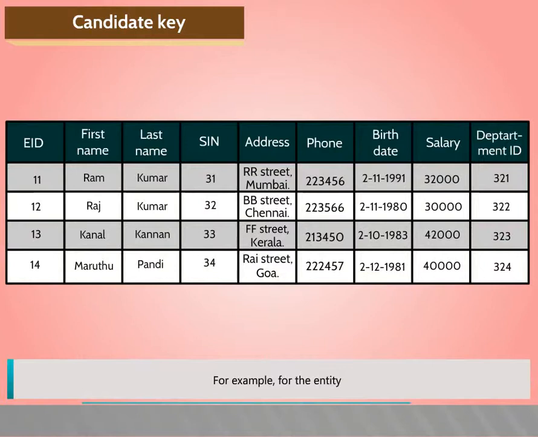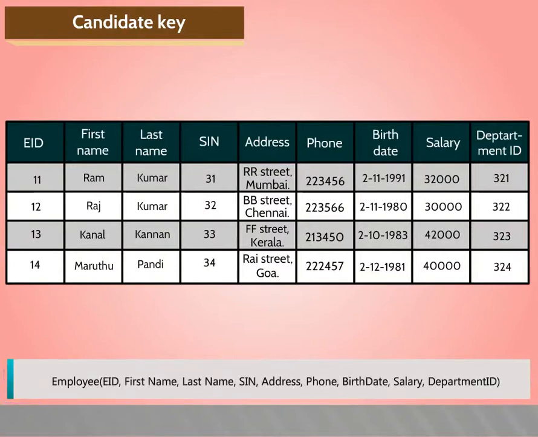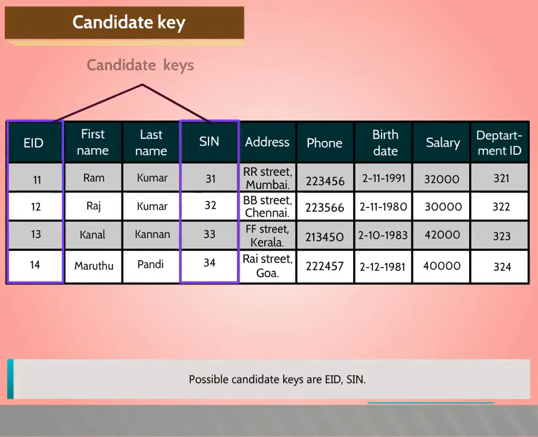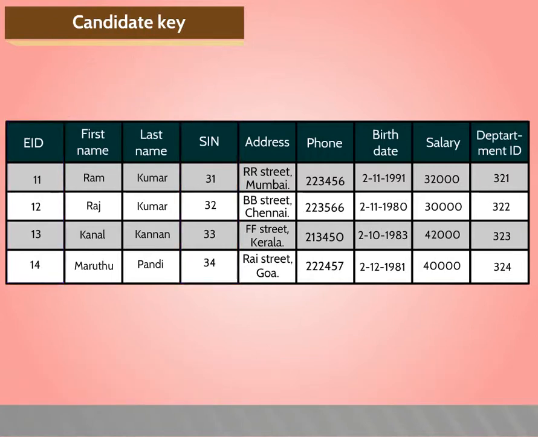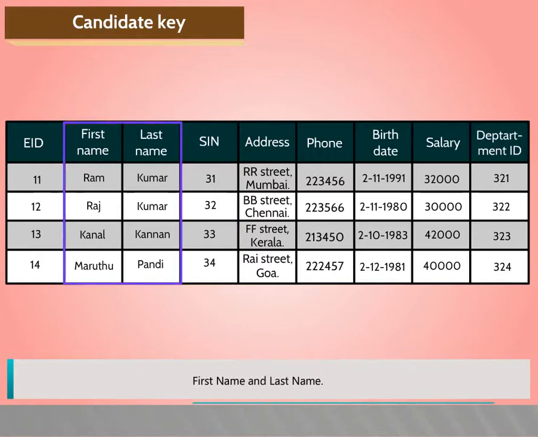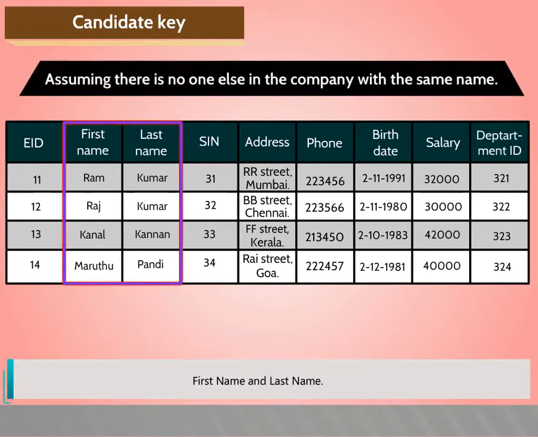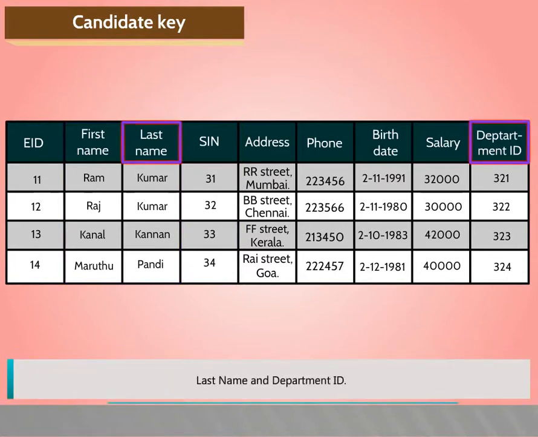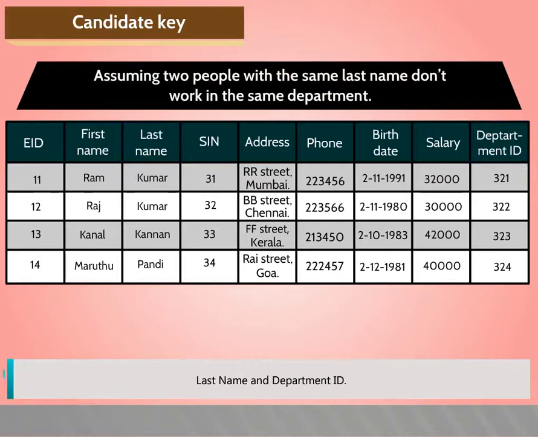For example, for the entity employee: EID, first name, last name, SIN, address, phone, birth date, salary, department ID. Possible candidate keys are EID, SIN. First name and last name, assuming there is no one else in the company with the same name. Last name and department ID, assuming two people with the same last name don't work in the same department.